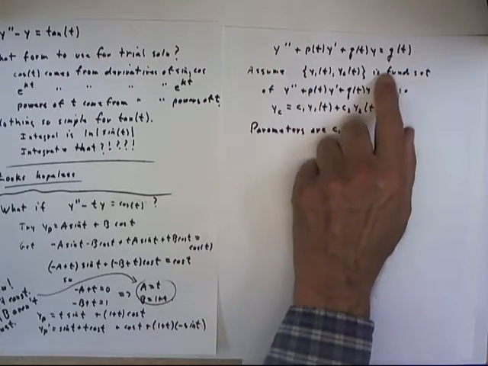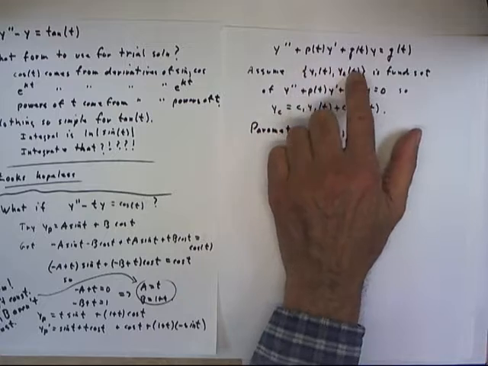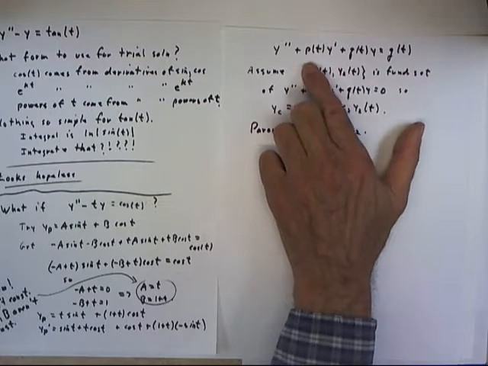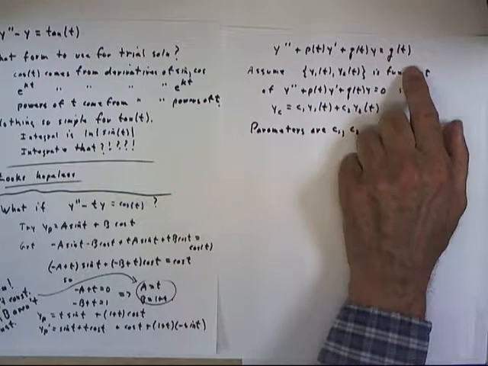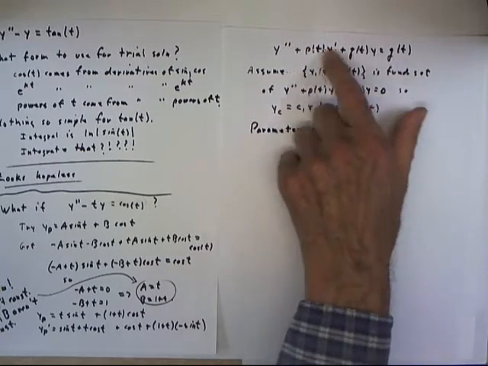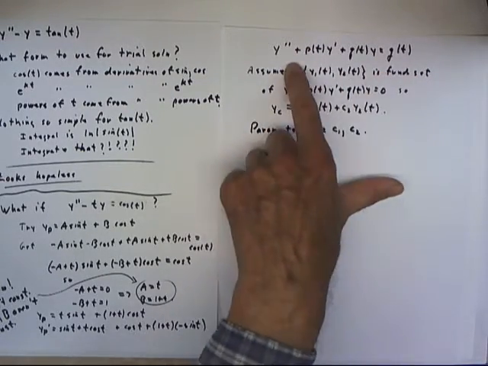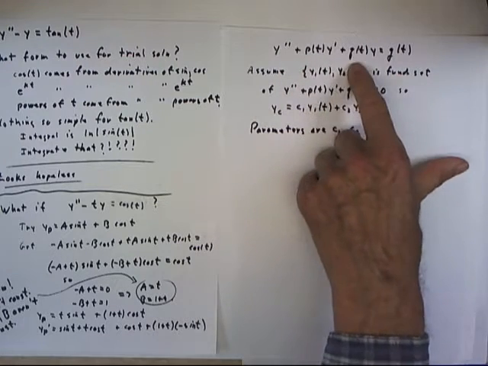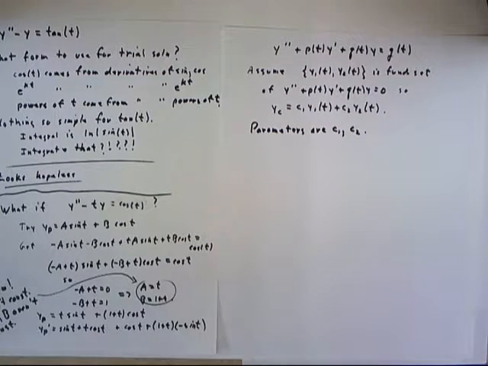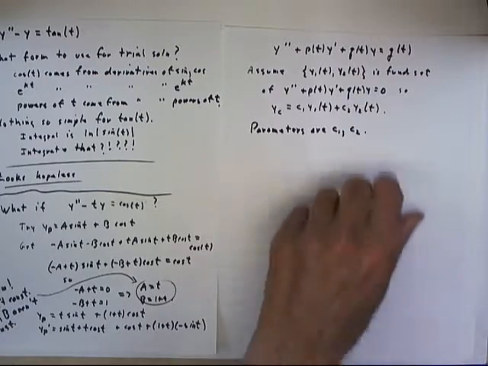Suppose we have just any old second order equation. We don't have to have constant coefficients, but it's a non-homogeneous second order equation. We might not know how to solve the characteristic equation depending on our P of t and Q of t functions, but let's assume we can.